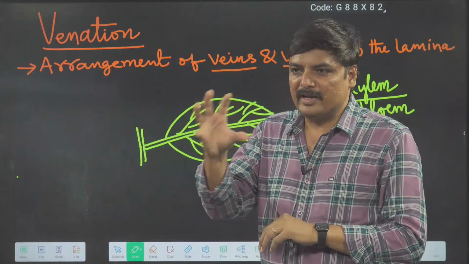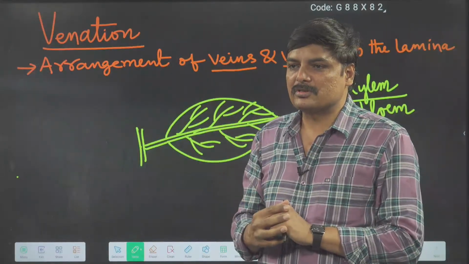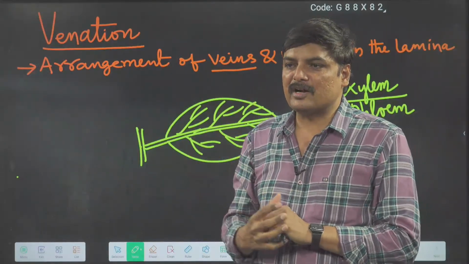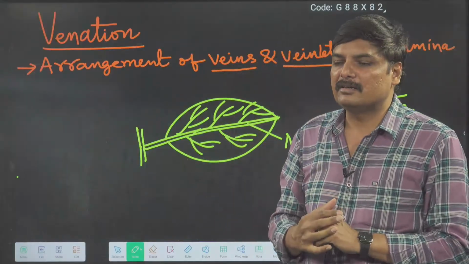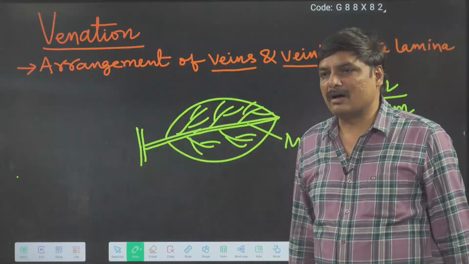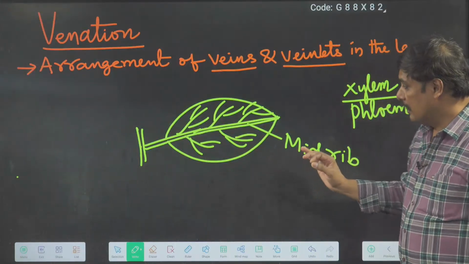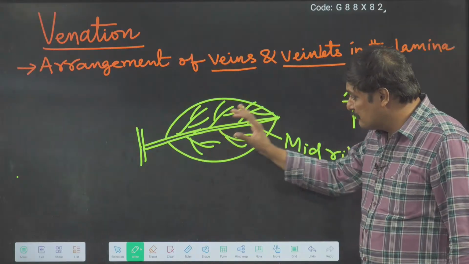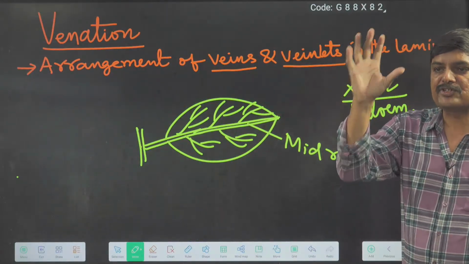There is a mid vein and lateral veins. Veins represent vascular tissues. Veins act as channels for conduction of water and food material. Veins also provide support to the lamina. Okay? And such arrangement of these veins and veinlets in the lamina is called venation.